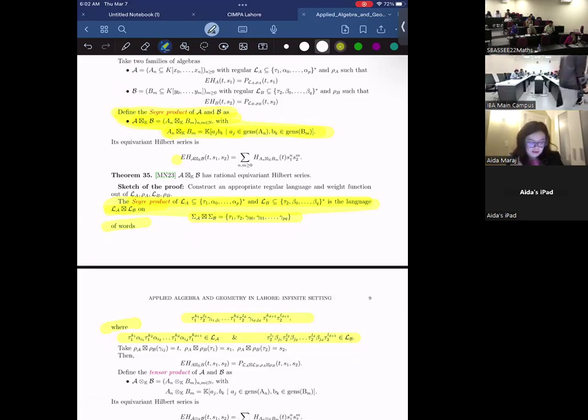In particular, if we know that we have two algebras that have rational Hilbert series coming from some languages, then this Segre product of the corresponding languages is in bijection with the Segre product algebra, and it gives rationality results for this new bigger algebra.